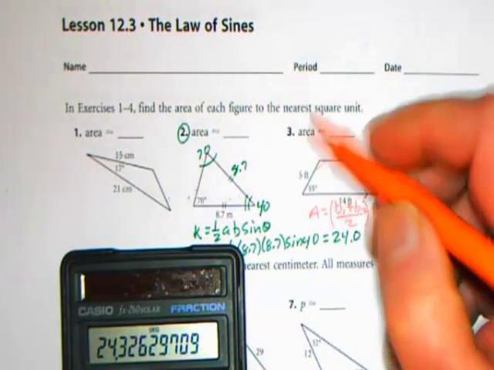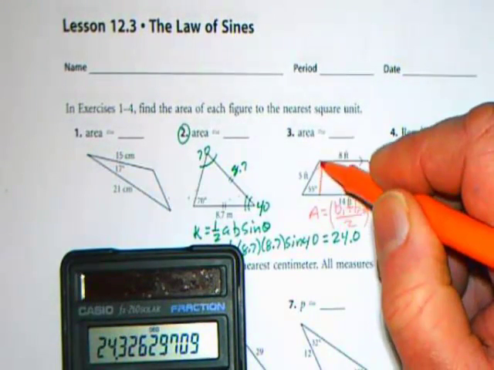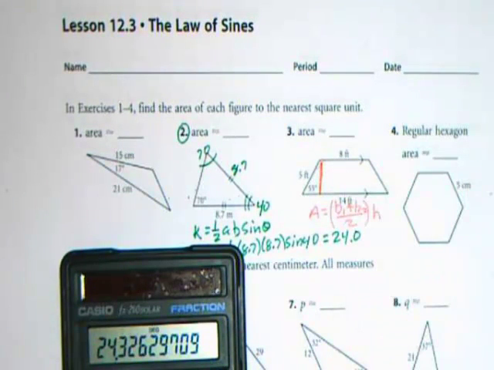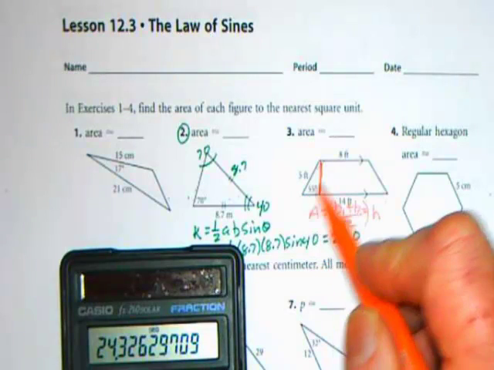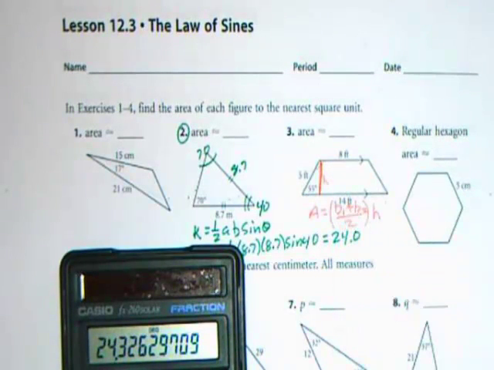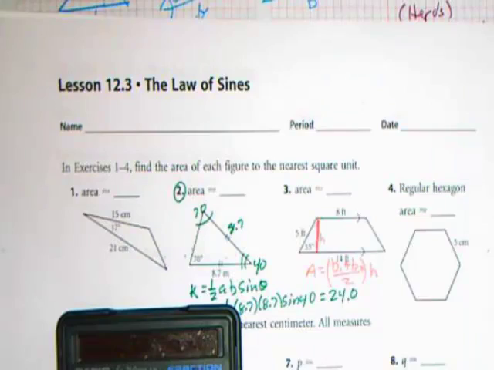Now to figure out what the height is, we can look at that triangle on the left. We have a 55-degree angle. The height that we need to find is opposite the 55, and we have a hypotenuse. That lets us use a sine ratio to find out what the height is.